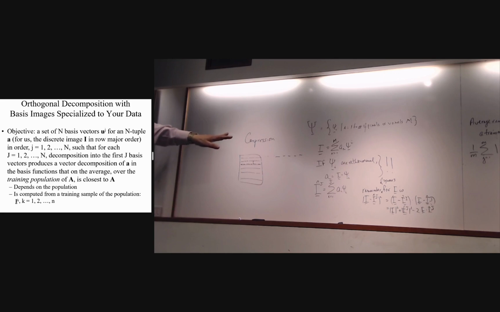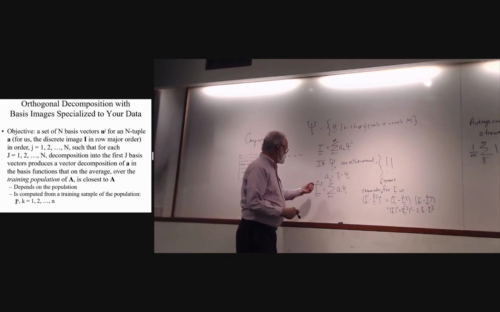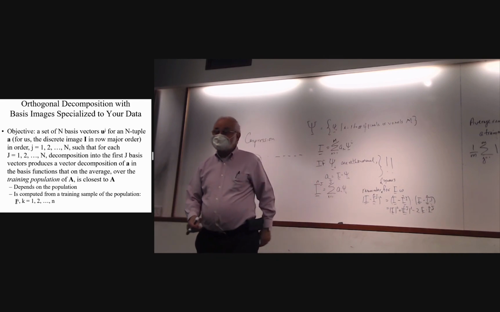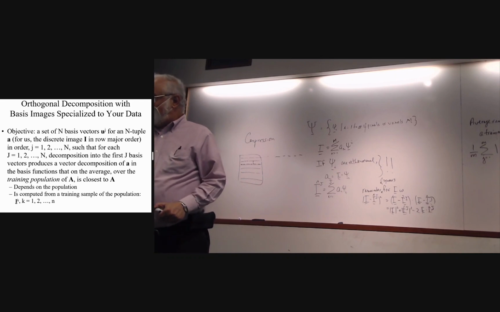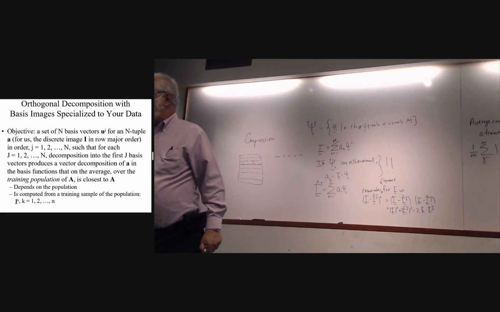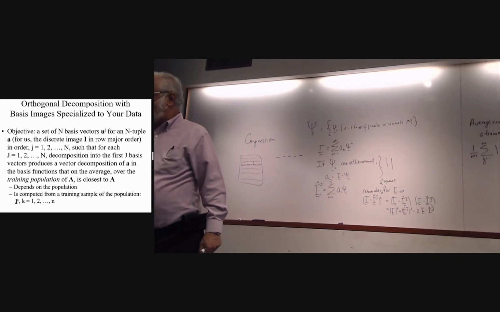The idea is to get away with the smallest J we can. We're going to call that I hat J, I hat super J. It is simply the image where we truncate, we essentially set to 0 all coefficients beyond the capital J.